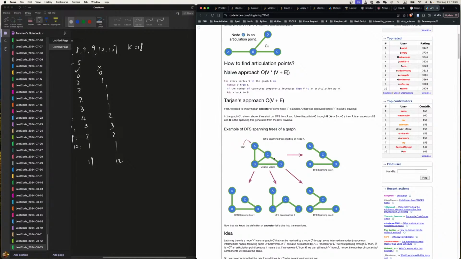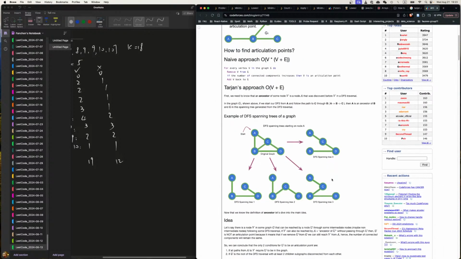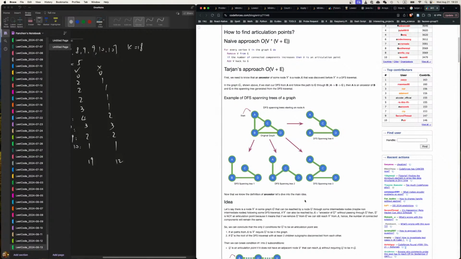So this DFS spanning tree, A C D B, A B D C, A B C D, A C B D. Yep. Now that we know the definition of ancestor, A is ancestor for everything, C is ancestor of this, but in this case B is ancestor of C and D. Okay, that makes sense.